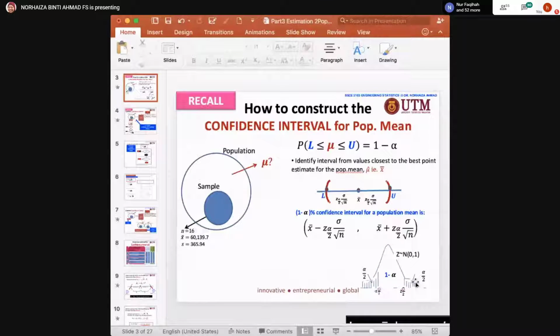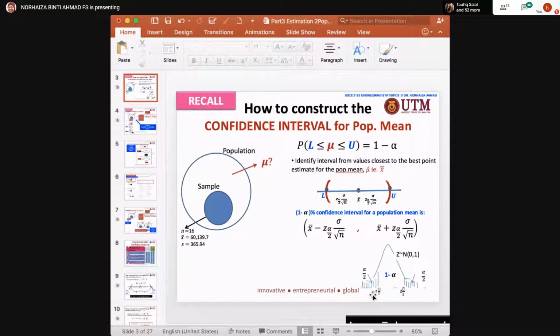Alpha over 2 is the area. The corresponding point for this area, alpha over 2, you can get based on what alpha is. This is the point corresponding to the area of probability here, which is minus Z alpha over 2, because if it's a standard normal with mean 0 and variance 1, the middle value is 0.